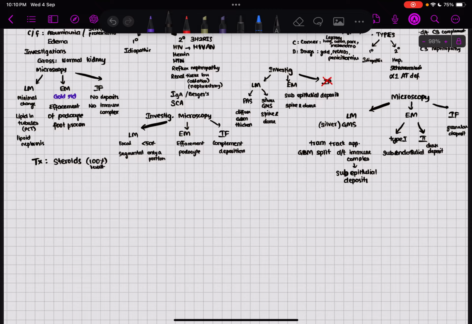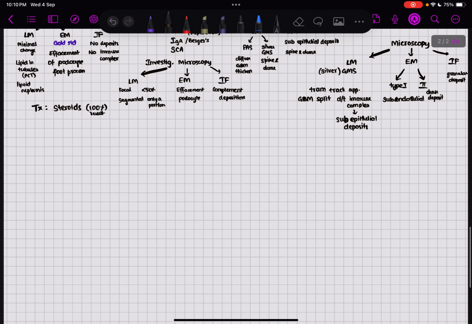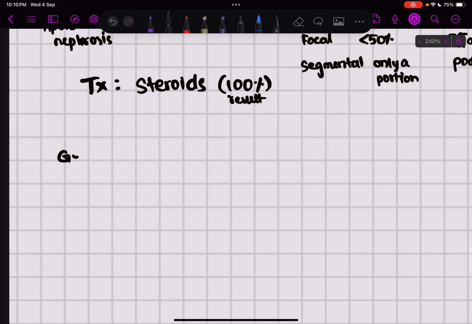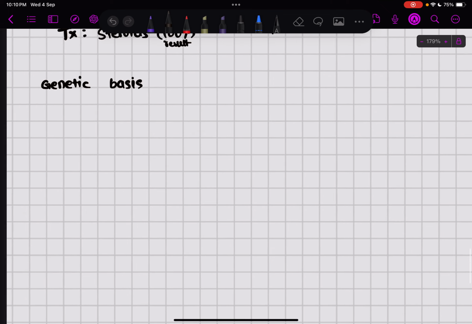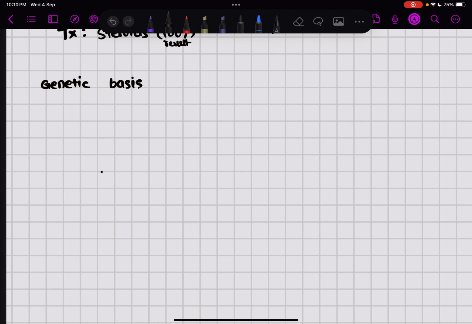Now coming to the genetic basis of nephrotic syndrome. For this, we go to the morphology of the glomerular filtration membrane.